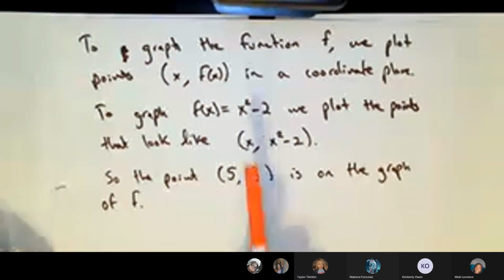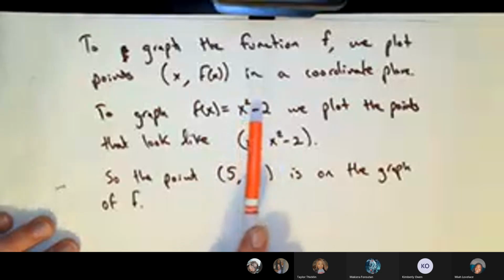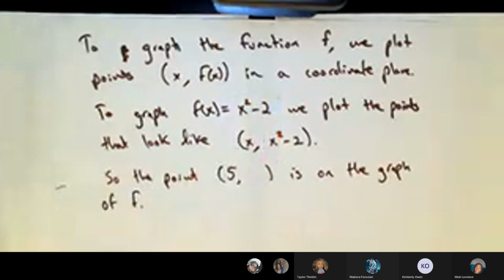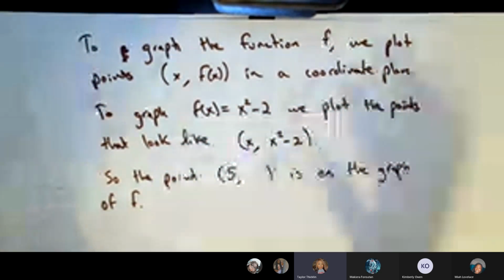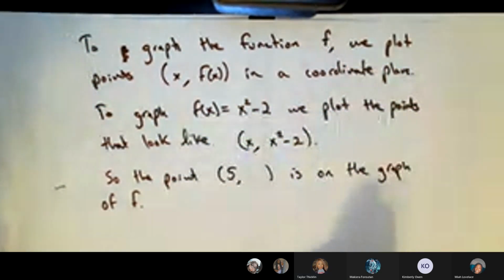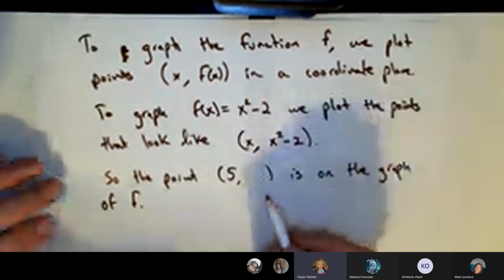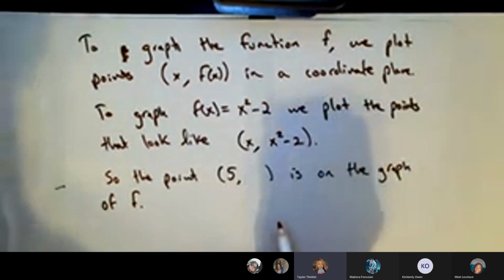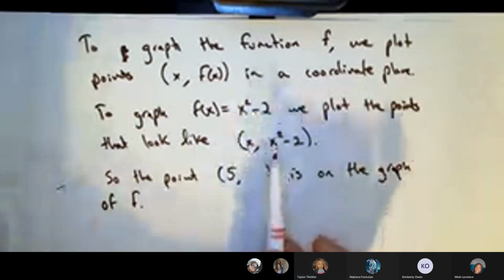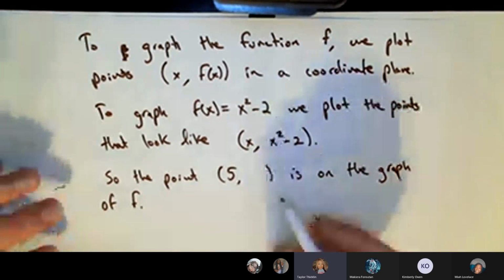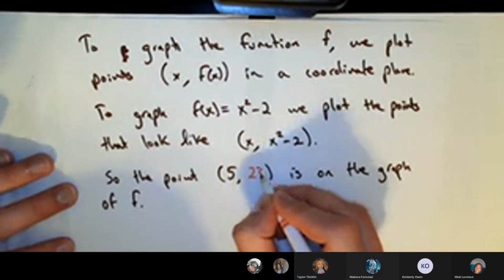So you would say 5 squared minus 2. So it should be 5 squared minus 2? Yep, but what does that actually evaluate to? 10 minus 2? Well, if 5 squared is 25, then 25 minus 2, yeah. Yep, so 23.